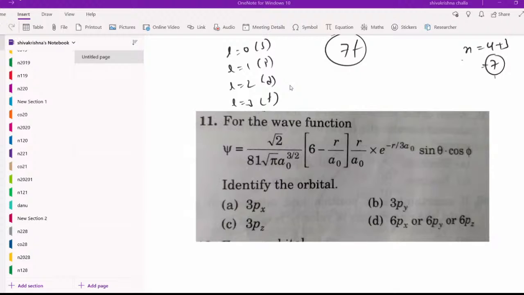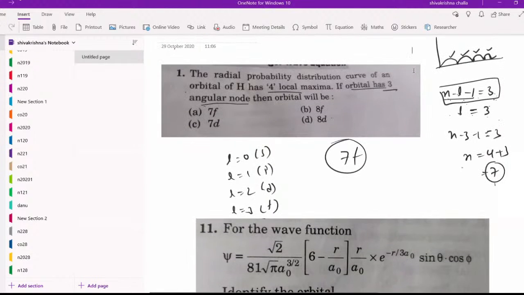How do you know that it's 7F? Yes, sir, 7 came, sir, F. They give n equal to what? 7. You got 7. L equal to what you got? 3. 7 means n equal to 7. L equal to 3 means F. That is why 7F.